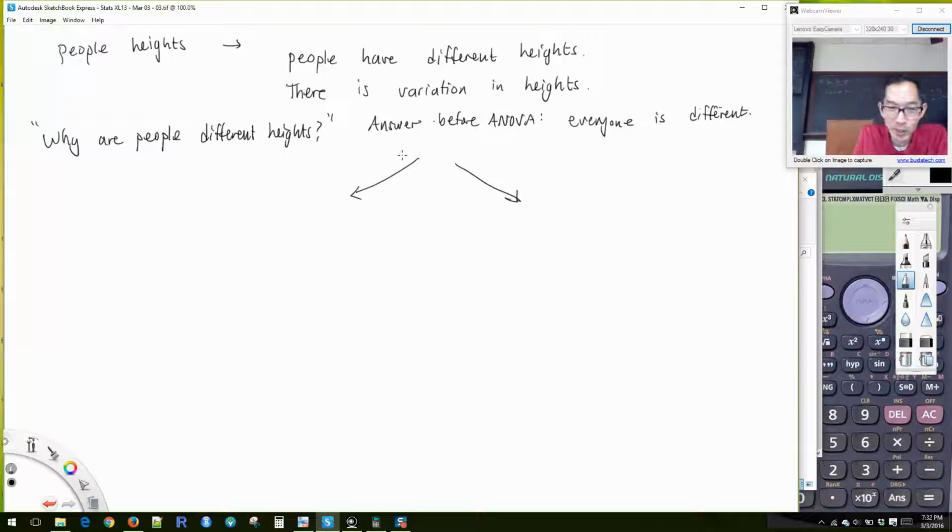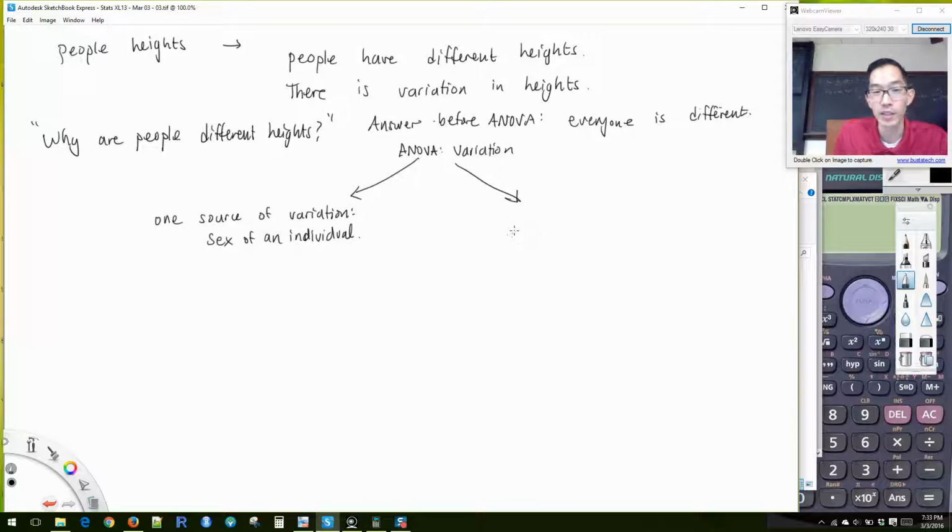So with ANOVA, we're going to take this total variation, and we're going to say part of the reason why people are different heights. So one source of variation will be the sex of an individual. And then the other source, so this is what one-way ANOVA does, okay?